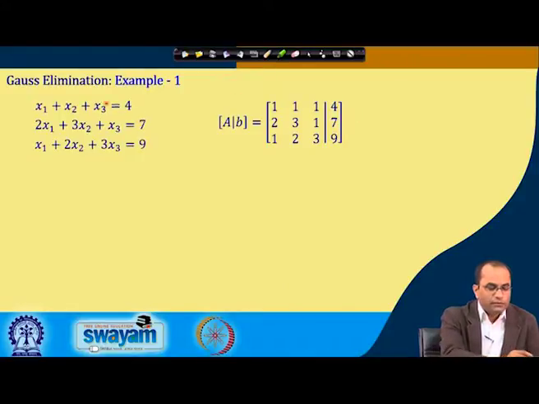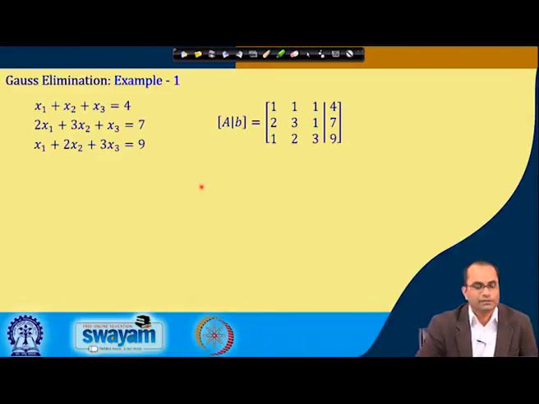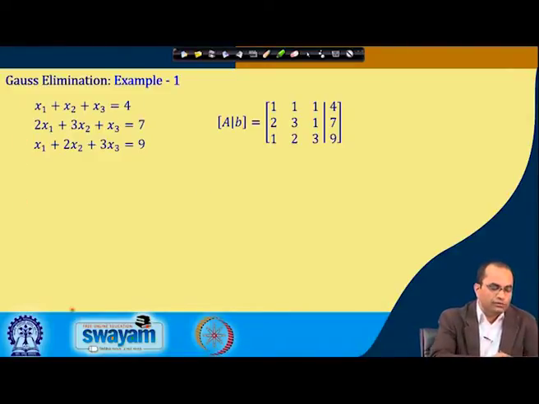First, we write down these equations in matrix form, where we also augment the right hand side 4, 7, 9. On the right hand side I will be doing precisely what we do in the Gauss elimination method, and on the left hand side we will do the same thing with the equations directly.